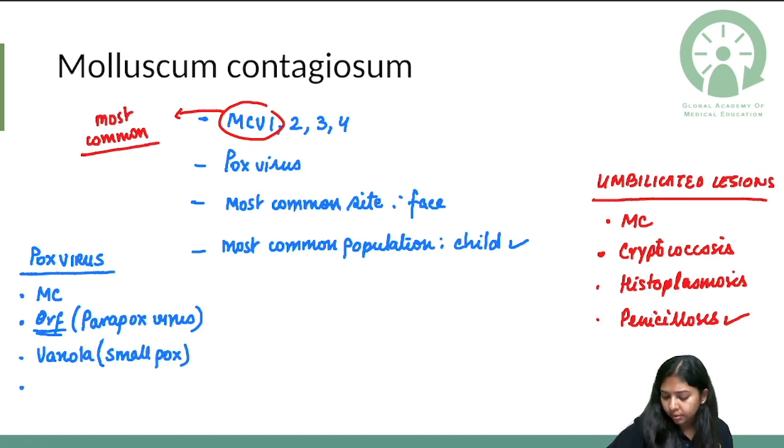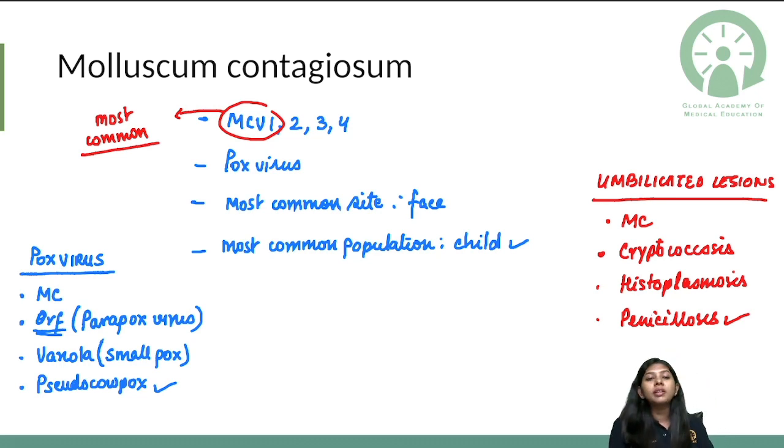And then you have pseudocowpox. So these are all conditions that are caused by pox virus. So you may get a question that all of these diseases are caused by pox virus except, and you have to remember all of those conditions.